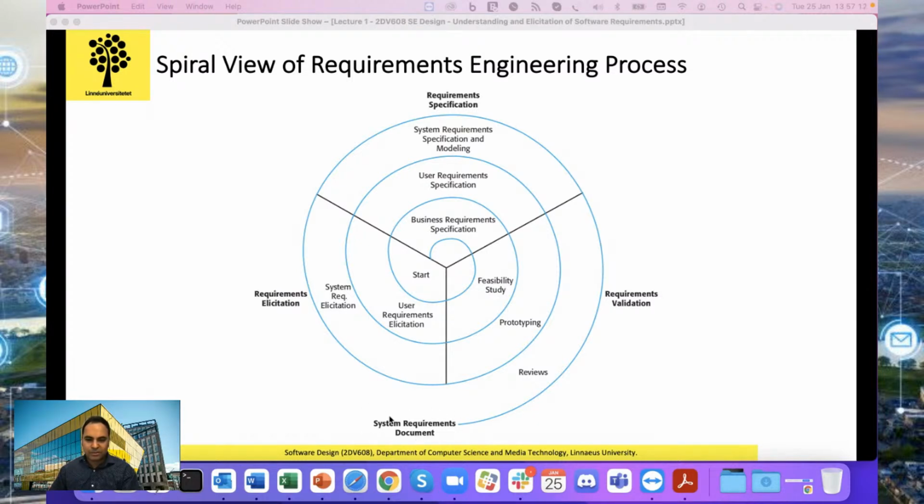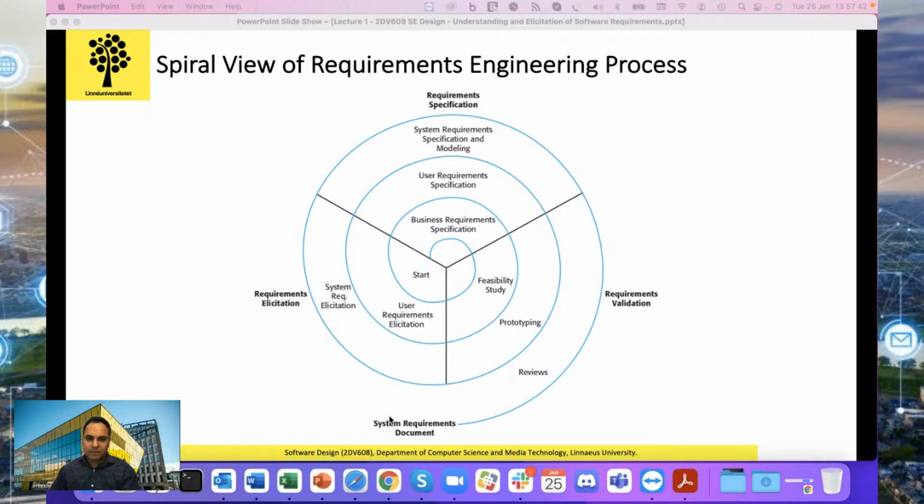Because once you are finished with developing your requirements document, it's very hard, not only hard, it's very expensive to go back and modify your requirements, because many stakeholders are involved in the requirements elicitation. You might not get all your stakeholders whenever you want, especially when you are done with your requirements document.